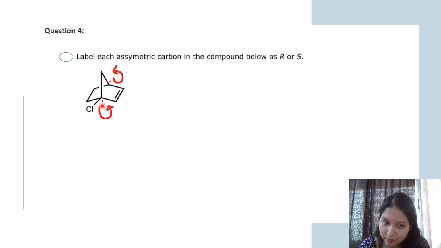So thus we have 4 different substituents on this center as well. And now we will assign the priorities and the configuration at last. So this atom will be of first priority because all the other three substituents possess carbon atoms, but here we have a chlorine atom. So according to the higher atomic number of chlorine, this will be of the first priority.